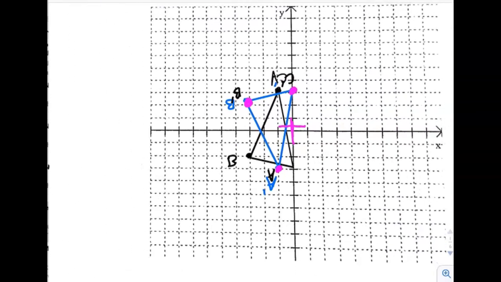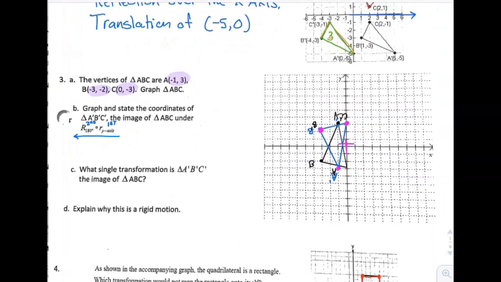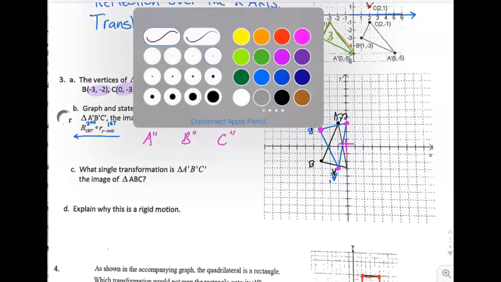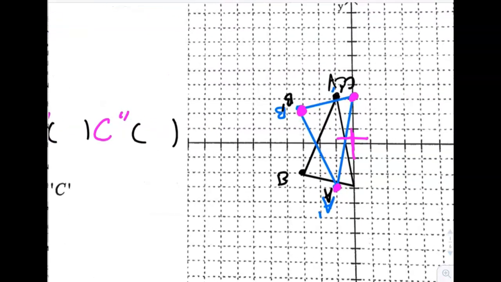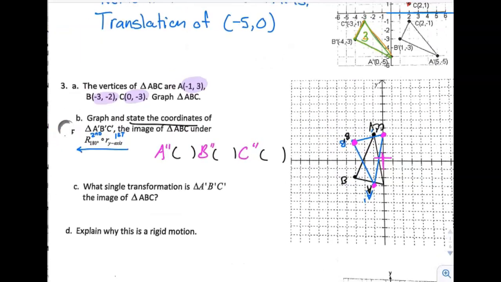And that's A double prime, B double prime, C double prime. It said state the coordinates. So you have to say A double prime, B double prime, C double prime. That's what state the coordinates means. A double prime is -1, -3. B double prime is -3, 2.